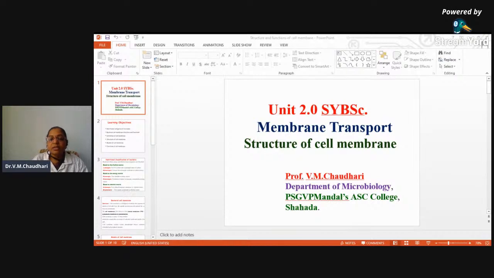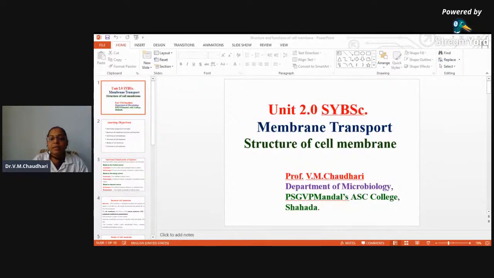Then we studied the Michaelis-Menten equation, that is the derivation of the Michaelis-Menten equation, the relationship between the initial velocity V0, Vmax, the maximum velocity, and substrate concentration, which are all related by the term Km, the Michaelis-Menten constant.